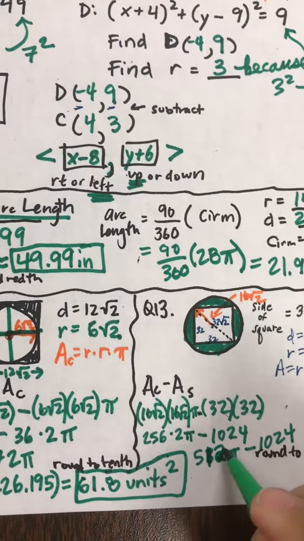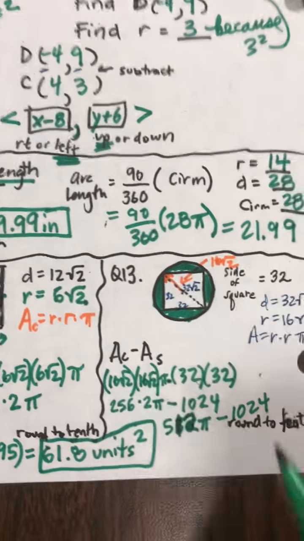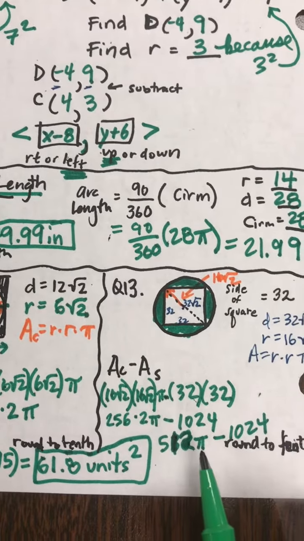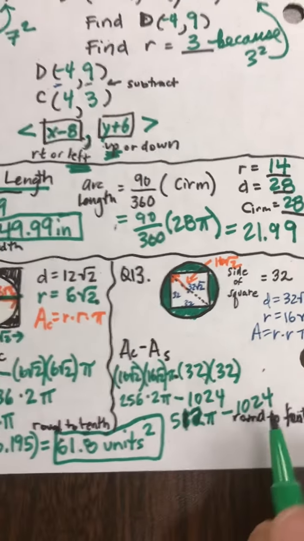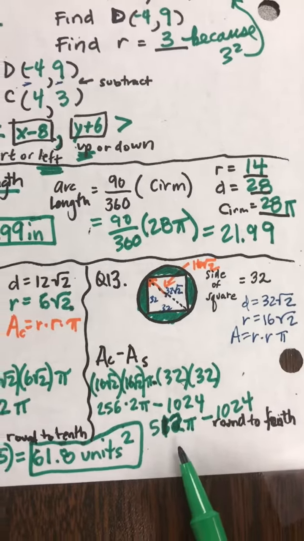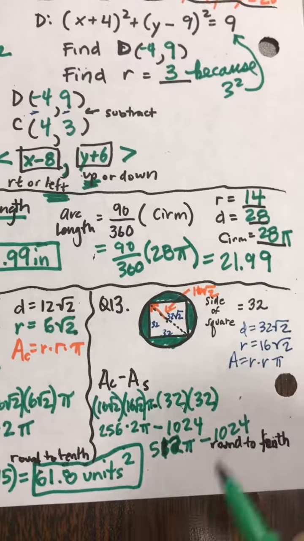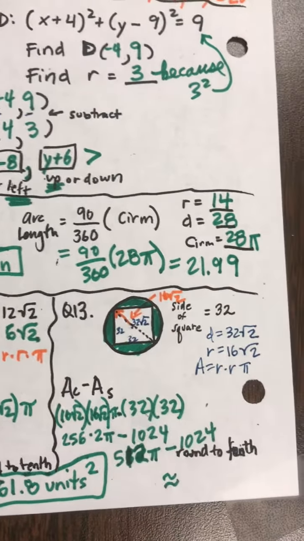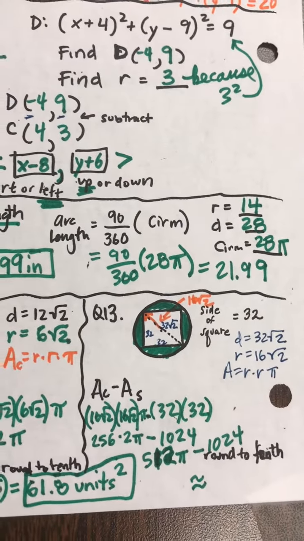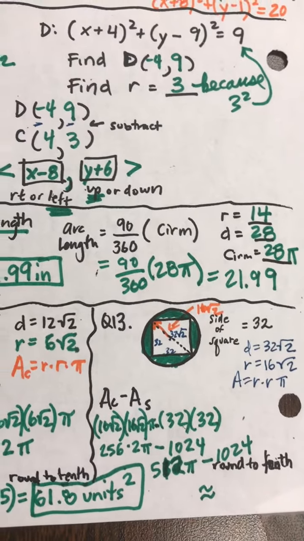Don't know what happened there. Just fix it. 512. Yeah, that makes more sense. Okay. So now let's figure out what that is and round to the nearest tenth. So 512 times pi minus 1024.